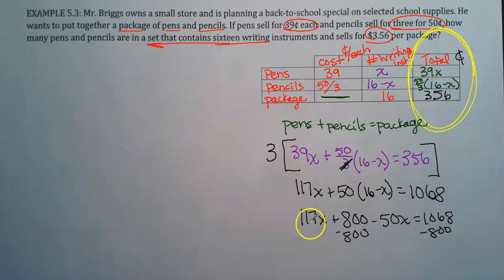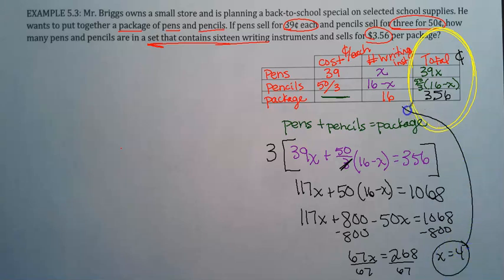Combine my like terms: 117x minus 50x is 67x. 1,068 minus 800 is 268. Divide by 67. And x equals, I'll have to write it over here, I ran out of room. x equals 4.